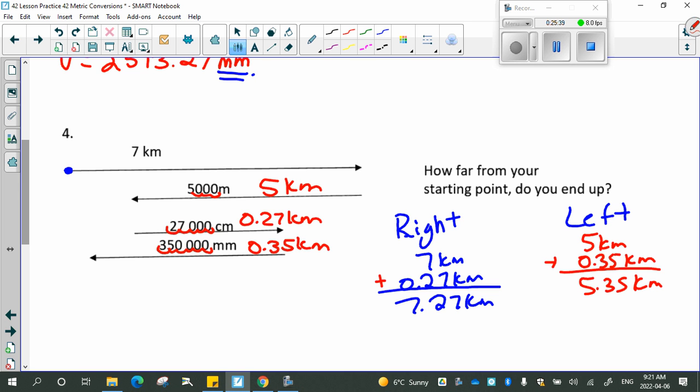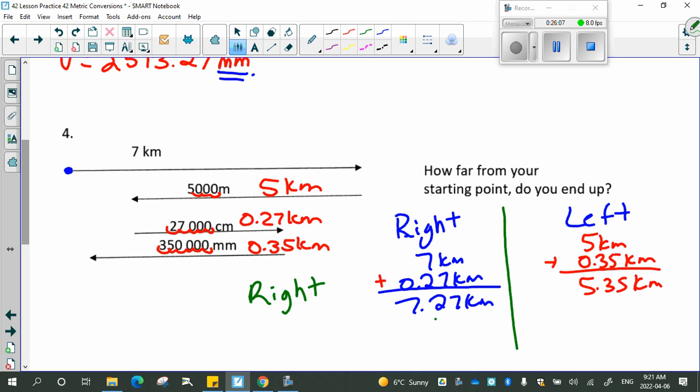So looking at comparing these, are they going to end up right of their starting point or left of their starting point? Right, because this number is bigger. Okay, so we know they're going to end up right. And then how do I figure out how far right from their starting point they would end up?